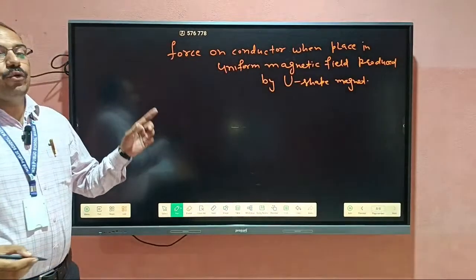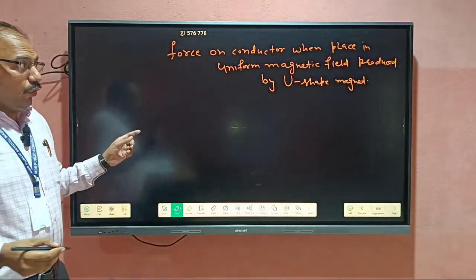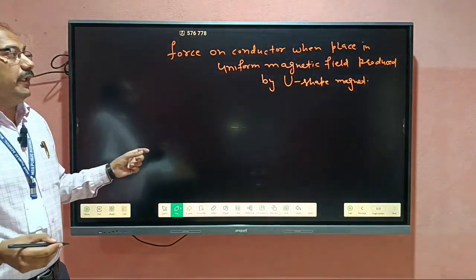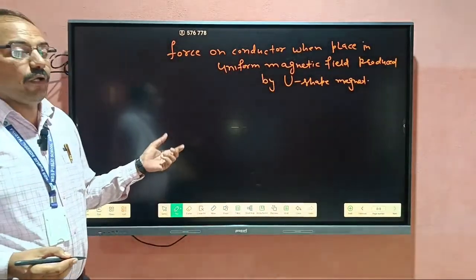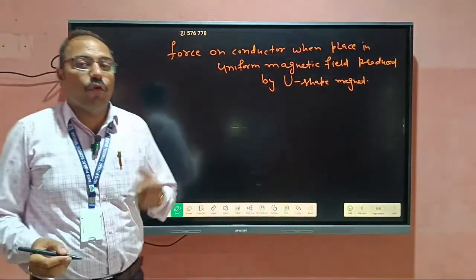So here we take a U-shaped magnet, and the U-shaped magnet produces a magnetic field. The U-shaped magnet is also known as a horseshoe magnet. So we take a horseshoe magnet and find out the force on a conductor.